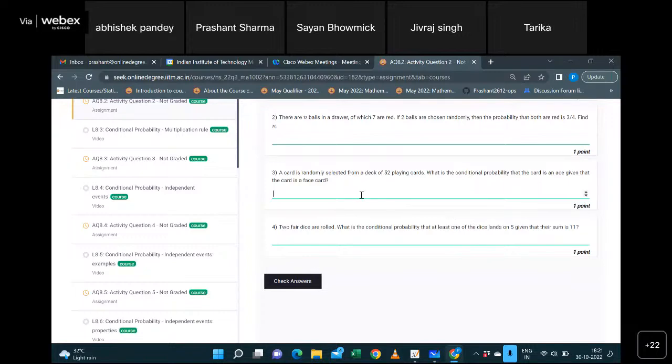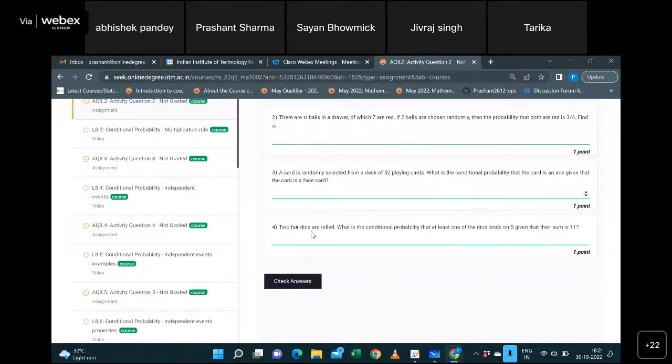It is 0. It's a simple thing. When you apply the conditional probability formula, there would be an intersection of an ace and a face card. If it's a face card, then it will not be an ace, right? So directly 0.